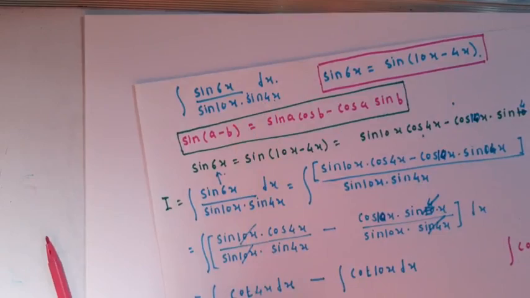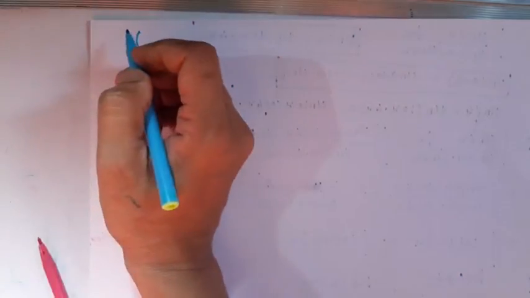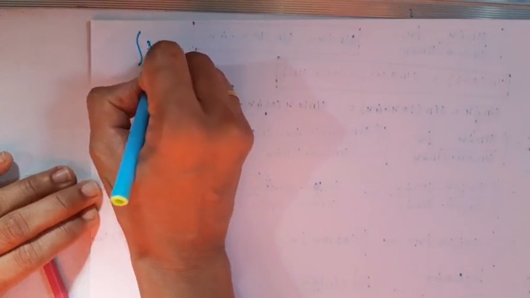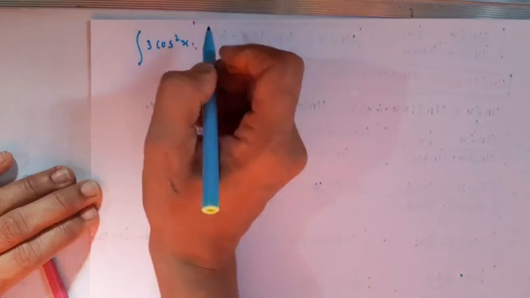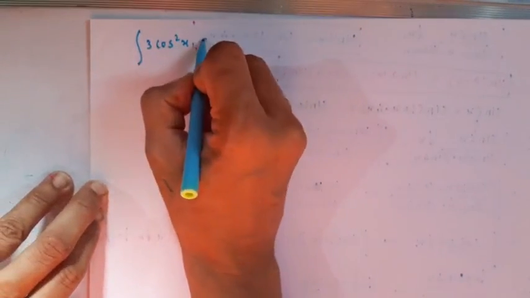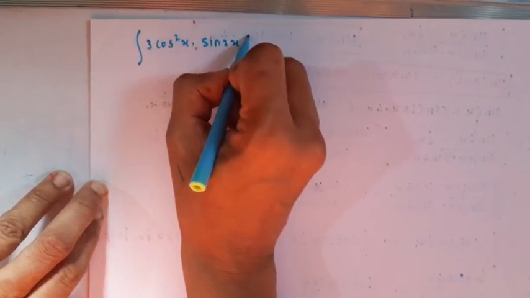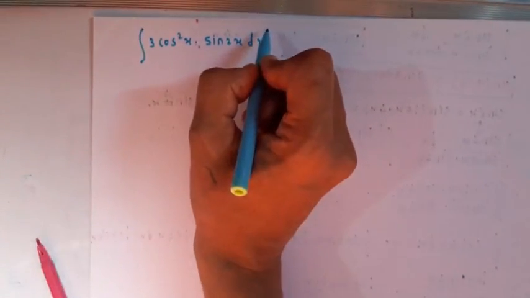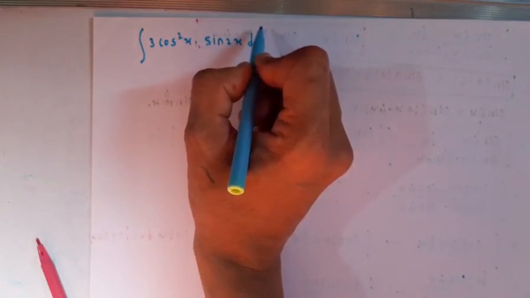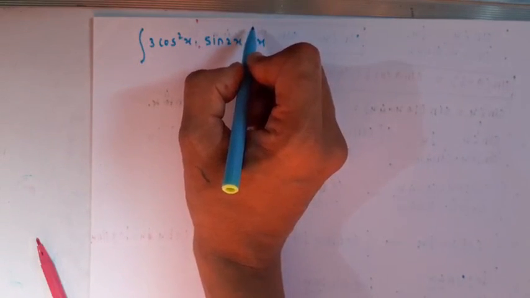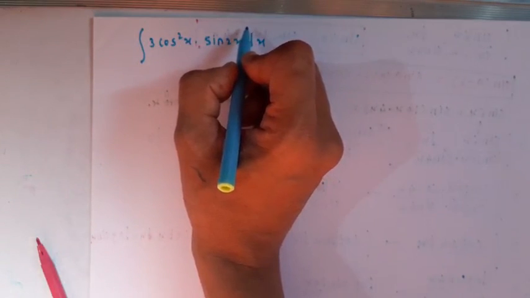Okay students, now the next problem is to evaluate the integration of 3 raised to cos square x into sin of 2x with respect to x.